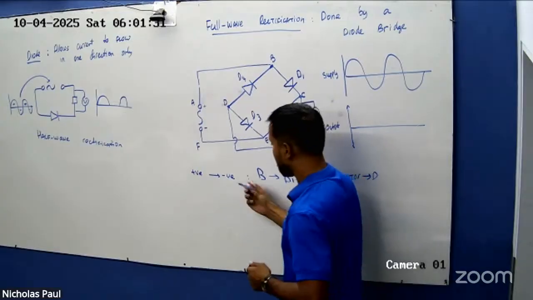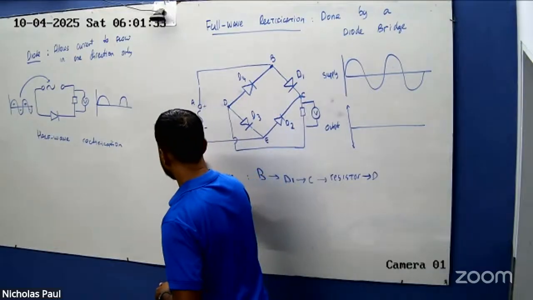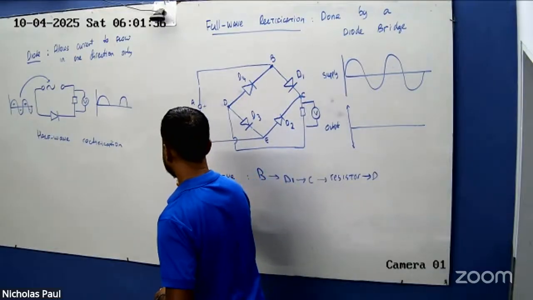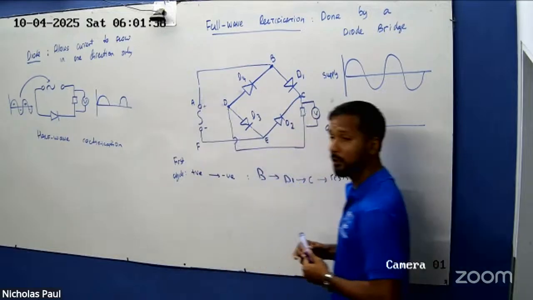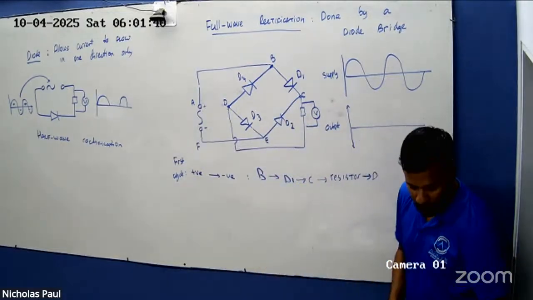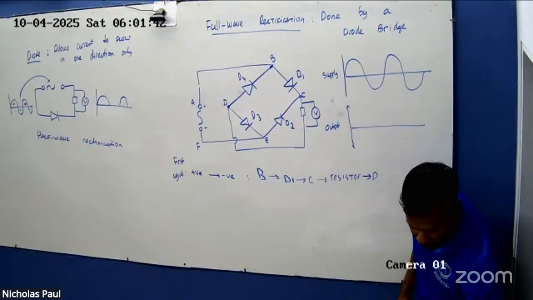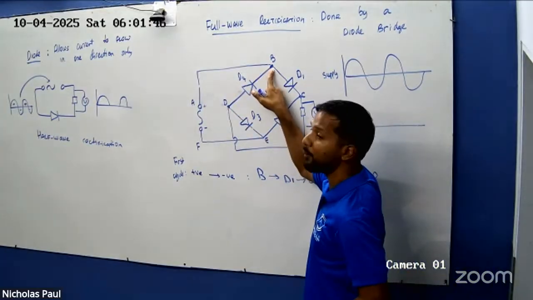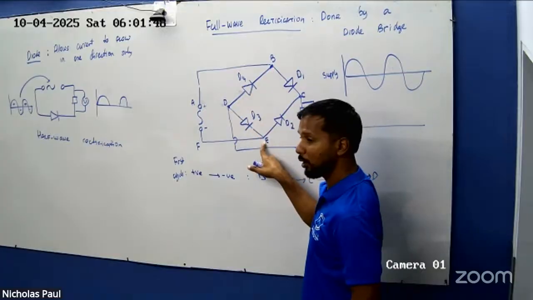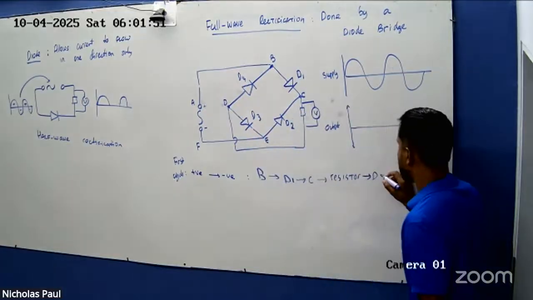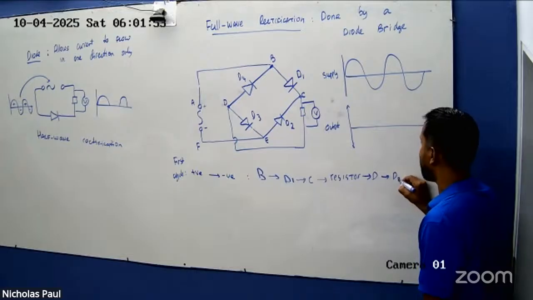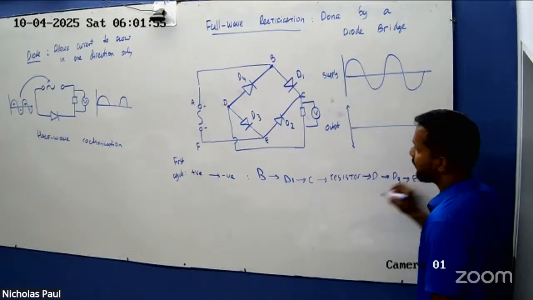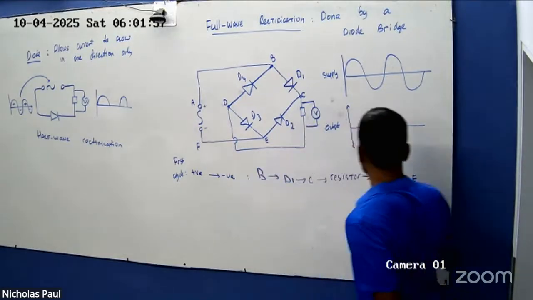This is the first cycle. Everybody okay with that? It will move from high to low. Here's high, so it can't go up here. It will have to go low. So it will go through D3 and then to E. When it reaches E, it will come back out.